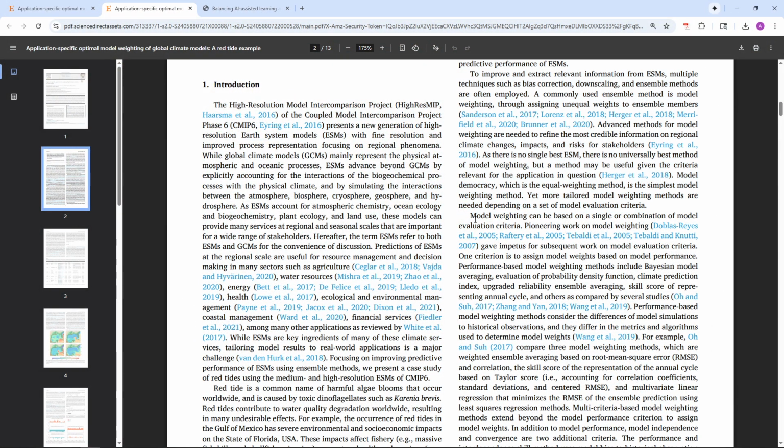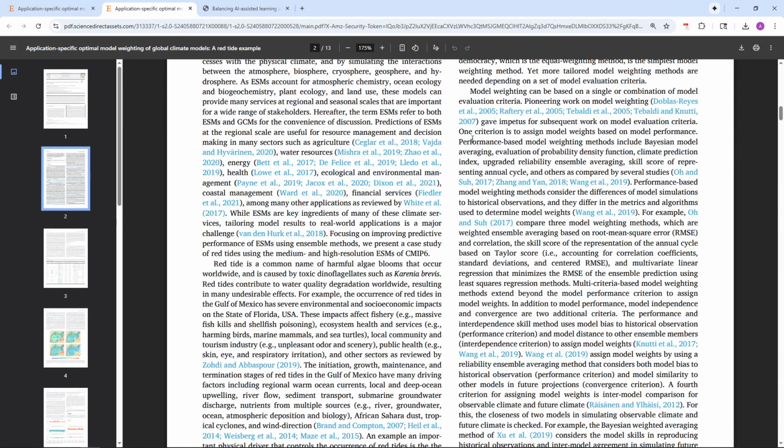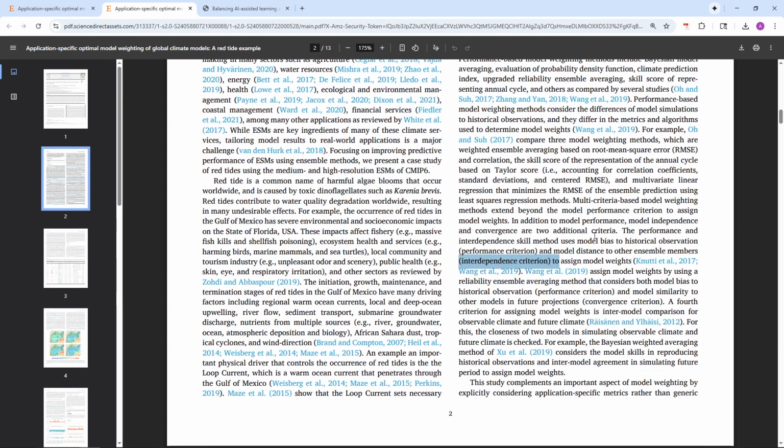In this paragraph, we talked about the existing ensemble methods, which could include performance-based criteria, interdependence criteria, and convergence criteria. Then the fourth criterion is to assign weight in an intermodal comparison for observable and climate futures.